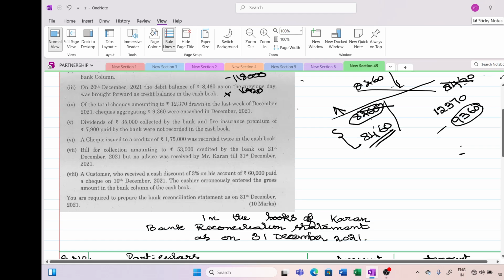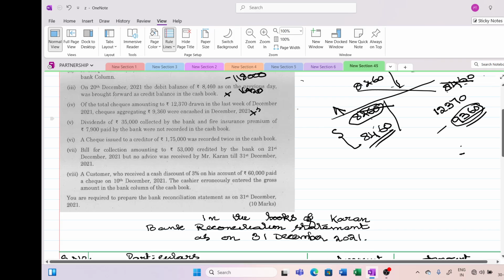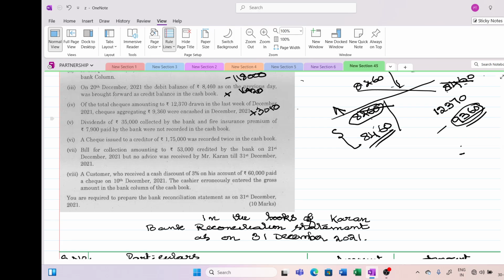So bank have reduced only this much. The balance amount is decreased in our books, but it is not decreased in bank book. So there is an addition of 3010. The difference is 3010. Increase will be, the balance would have been increased by this in bank statement.